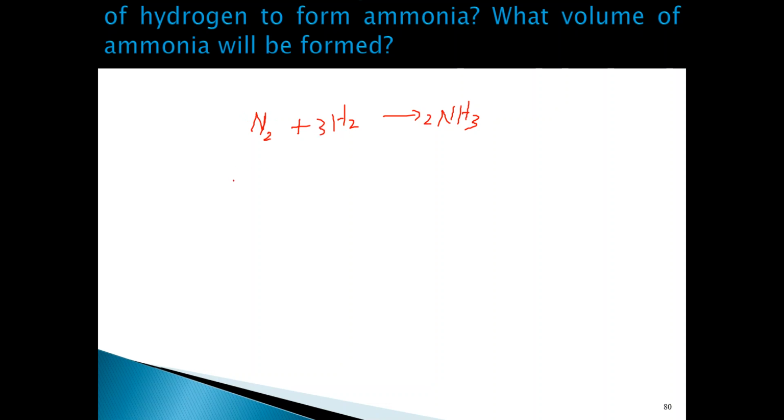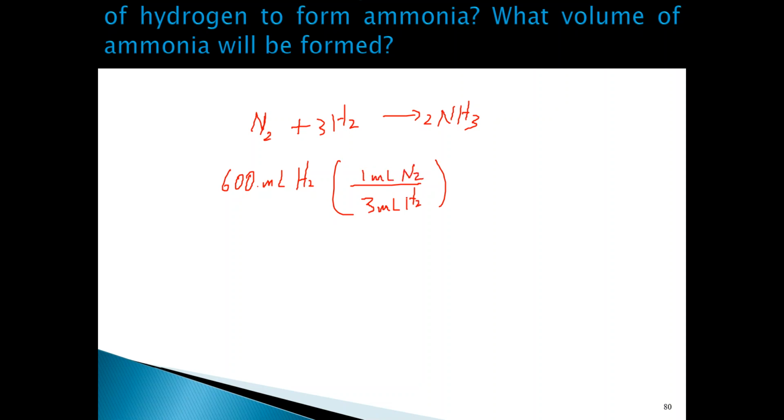All right. And the question gives you 600 milliliters of hydrogen, and you have to find the volume of nitrogen that will react with it. So here, the conversion factor that we're going to have is going to be based on the coefficients in the balanced equation, and that would be 3 milliliters of hydrogen reacting with 1 milliliter of nitrogen.